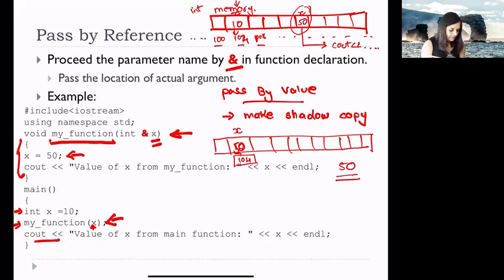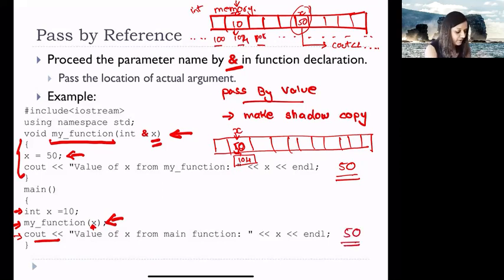Now, when your call stack came back to the main function, at this line of output you said value of x from the main function. When you print that, it's printing the value stored by variable x. But because it was passed by reference, no shadow copy was created, so it will again print 50.